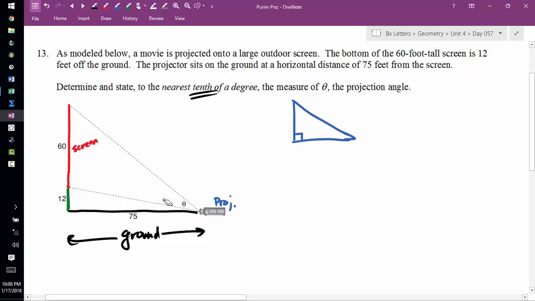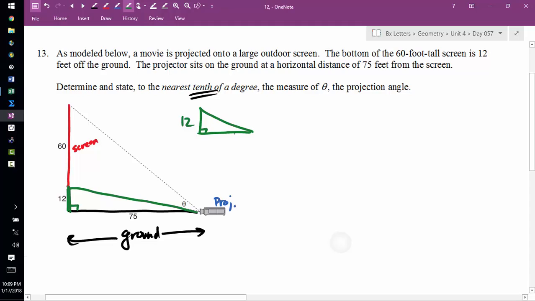Let's just pick a triangle to work with. I'm going to pick the small one, this small right triangle here, and I'm just going to redraw it so I get to keep track. I know it has a height of 12, it has a length of 75, and I'm going to call this angle x.